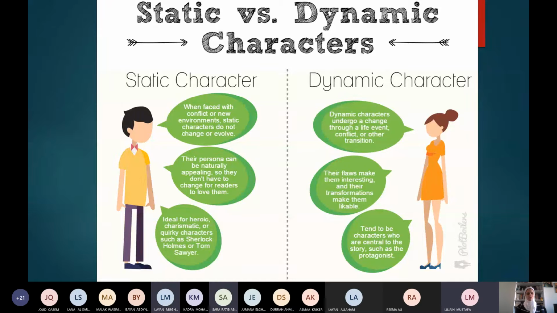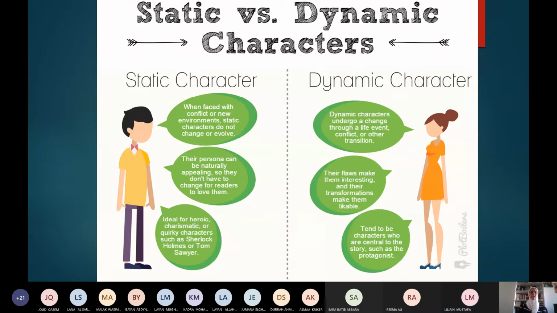Yes, which kind of character? Static. He wasn't cruel. They said there was some cruelty, but we didn't see him cruel. We saw him from the beginning as a good one. But who changed at the end of the story? The caliph.